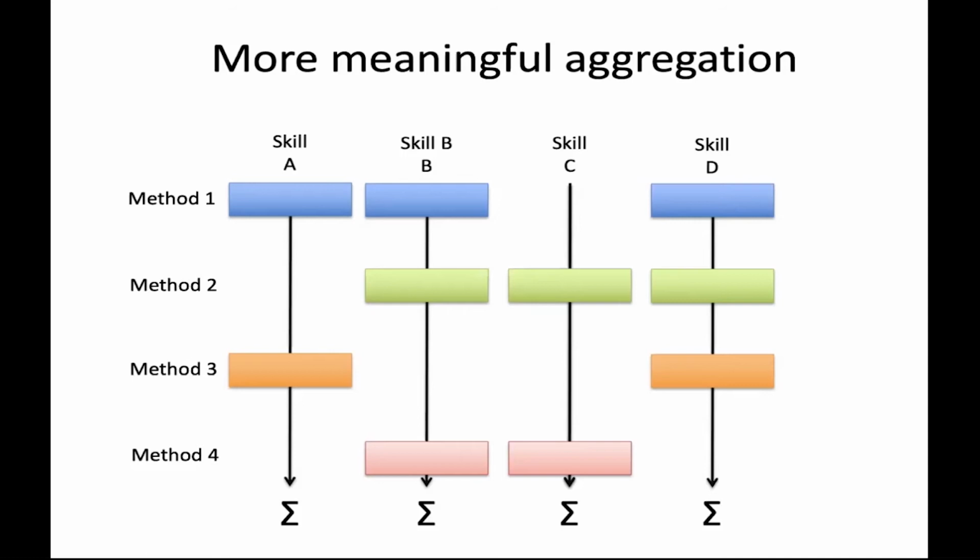So you aggregate information from different methods to the same skill. And here's where your competency framework is really important, which is your backbone really of the whole assessment system.